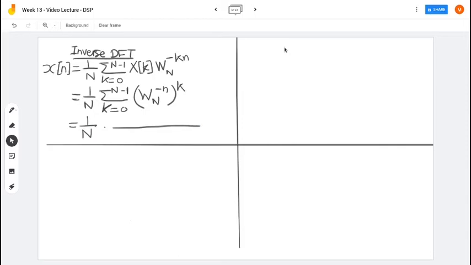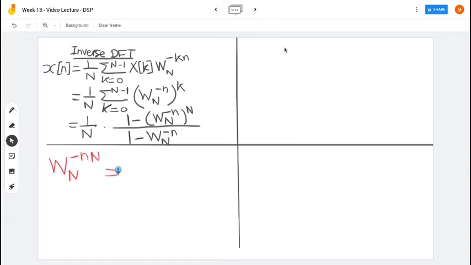So we'll get 1 minus r in the denominator, 1 minus W_N to the power minus n. And in the numerator we'll have 1 minus r to the power N, which is W_N to the power minus n, all to the power N minus 1 plus 1, which is N capital. Let's consider the term appearing in the numerator, which is W_N to the power minus n times N capital.